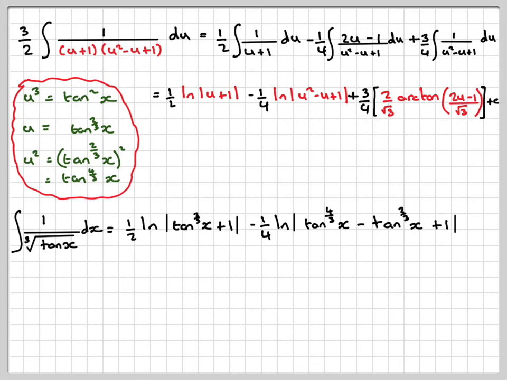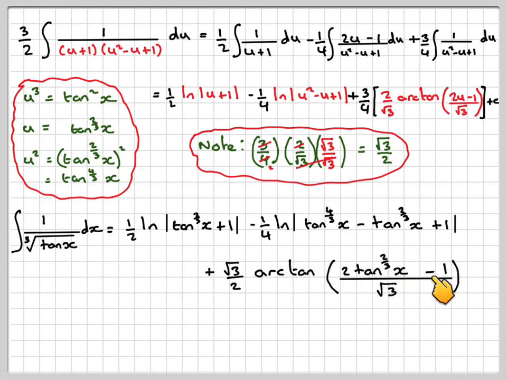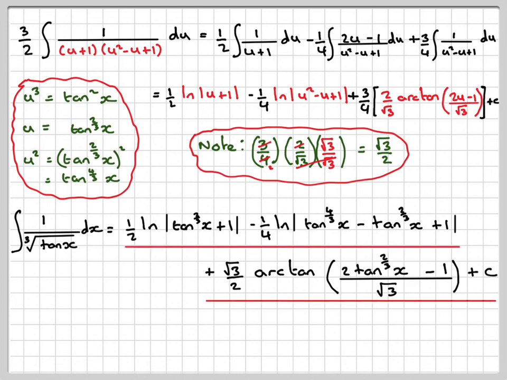And then if we work out 3 over 4 times 2 over root 3 and then rationalise it, the 3 cancels with that, this will become a 2 and this will become a 1. So it will just become root 3 over 2. So it's root 3 over 2 arc tan of 2 tan to the 2/3 x minus 1 over root 3 plus c. And then we got to our final answer.